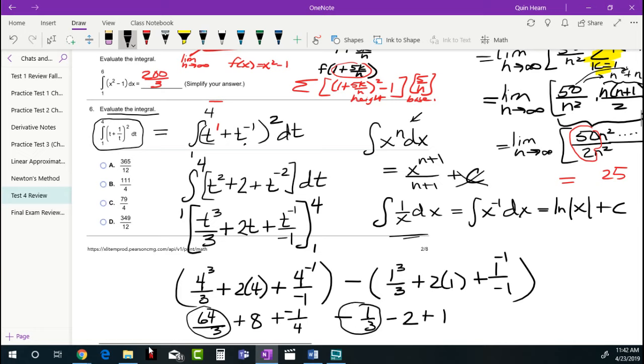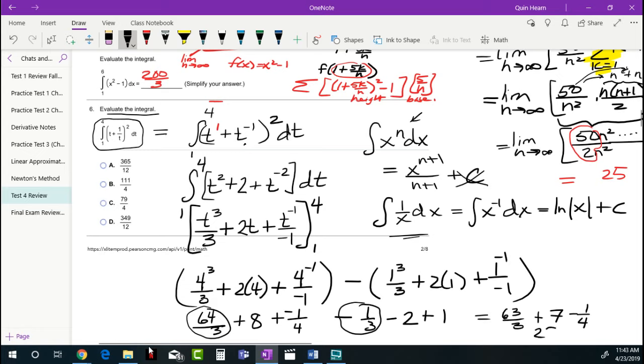Okay, so now we're going to plug in, always plug in the top bound first. So that's going to be 4 cubed over 3 plus 2 times 4 plus 4 to the negative 1 over negative 1. And then we're going to subtract from that 1 cubed over 3 plus 2 times 1 plus 1 to the negative 1 over negative 1.